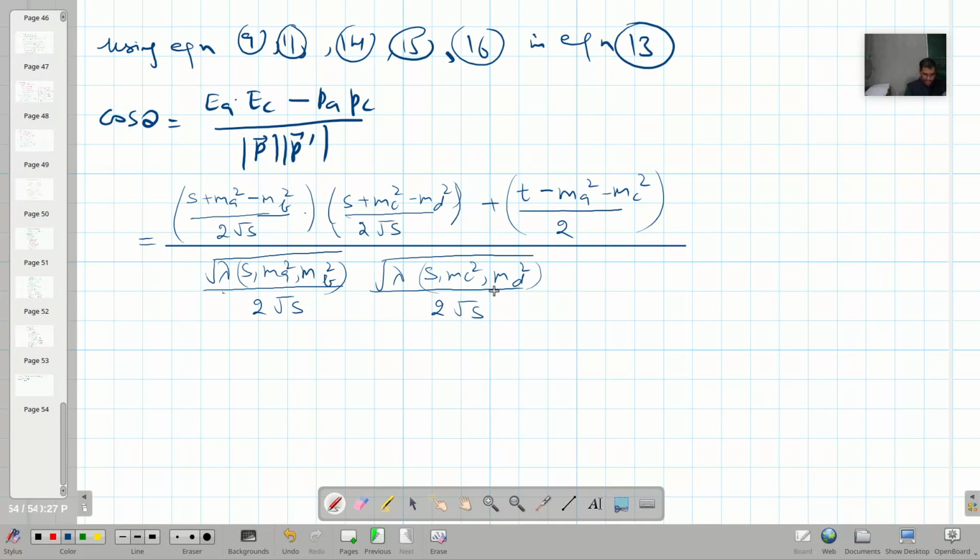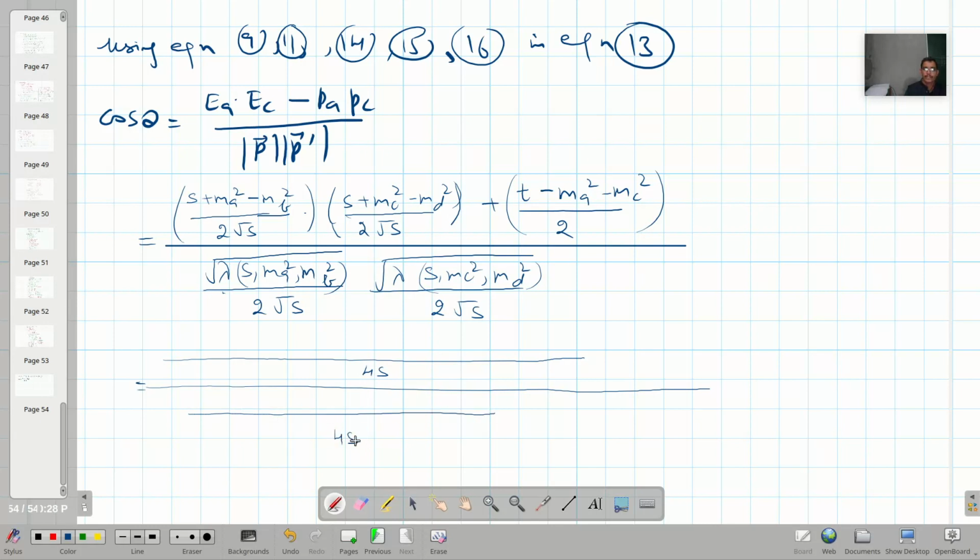So let us take their LCM. So LCM will be in the numerator 4s, and in the denominator it will be 4s. So it can be written as 4s, and again 4s, right?